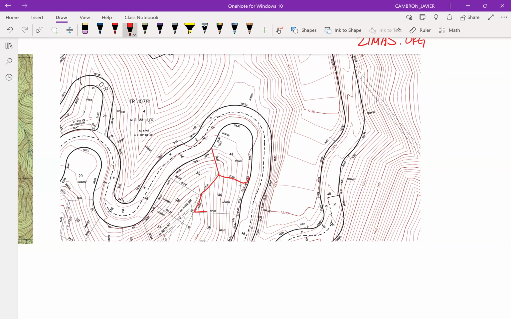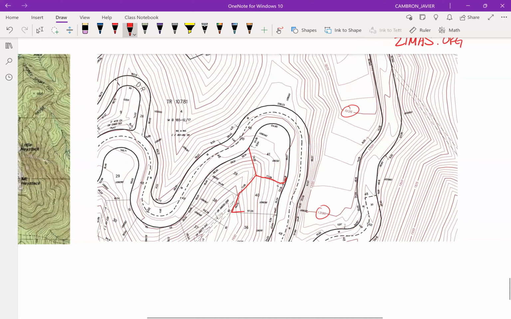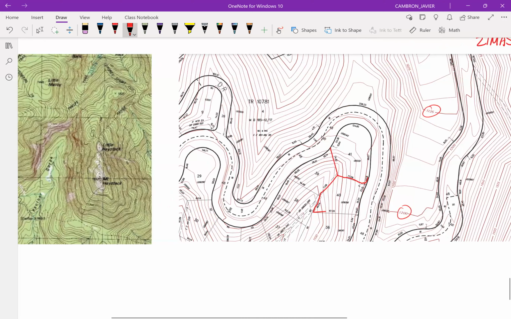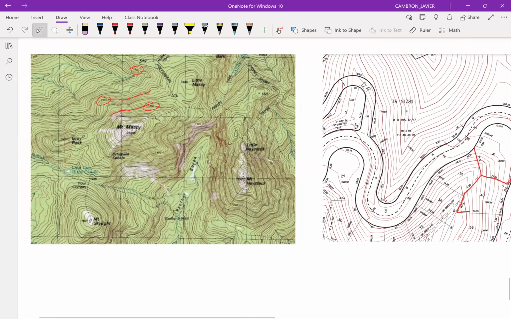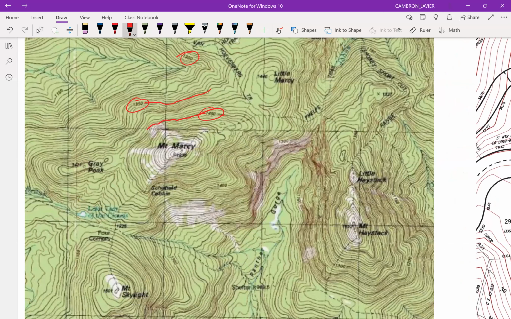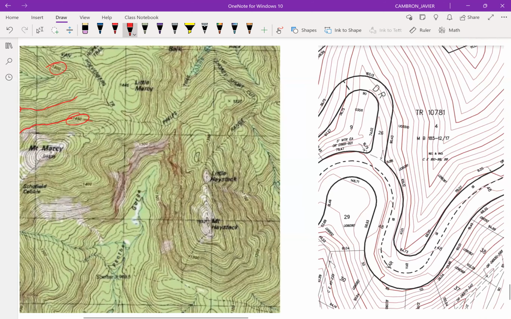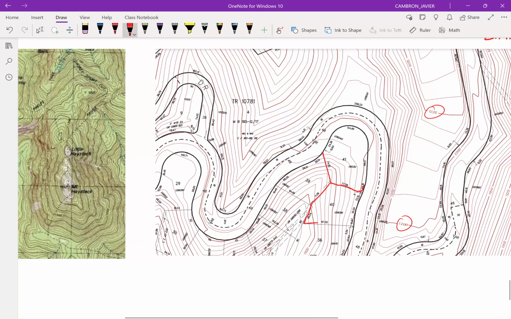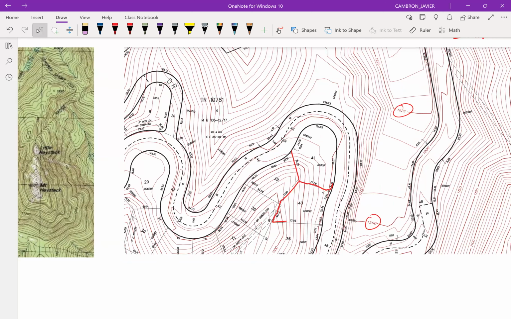But what you'll also notice here is that we have numbers. And if we zoom in, we have darker lines and thinner lines. The darker lines represent what we call our major contours, and the lines in between represent minor contours.